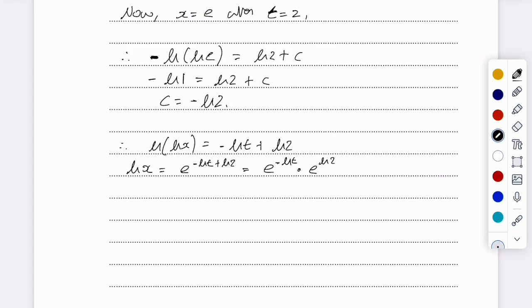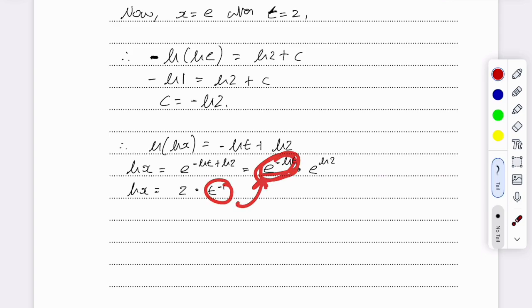Which means that ln x is going to equal 2 times t to the minus 1, according to our exponential rules.